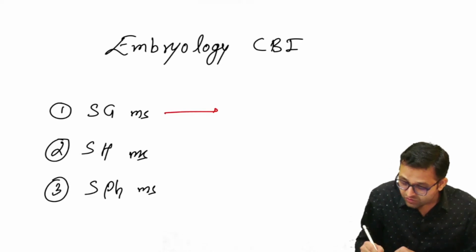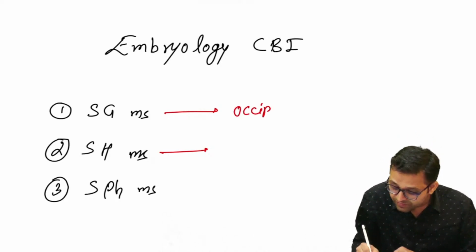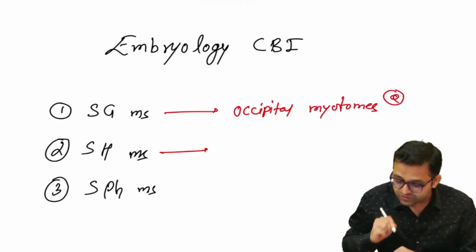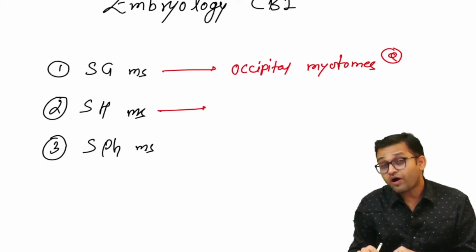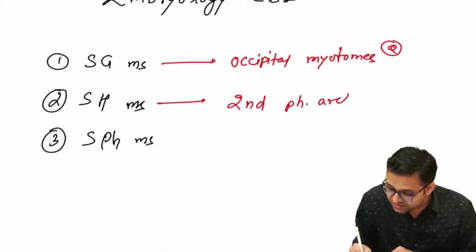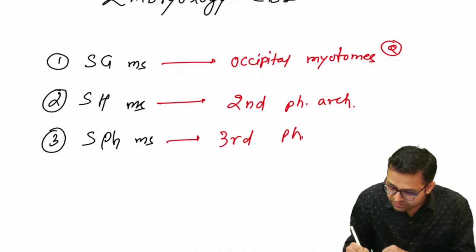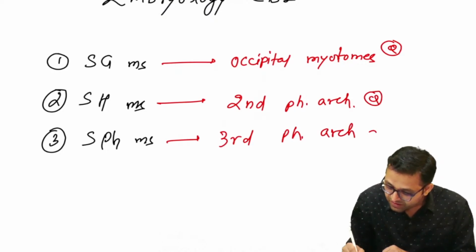So, can you tell me styloglossus was the derivative of which arch, what structure? So your answer is occipital somites, more specifically myotomes. MCQ. While the stylohyoid muscle, sir, is a derivative of the second pharyngeal arch. Stylopharyngeus, sir, was a derivative of the third pharyngeal arch.